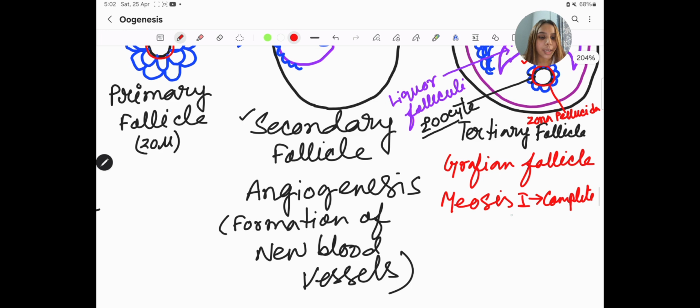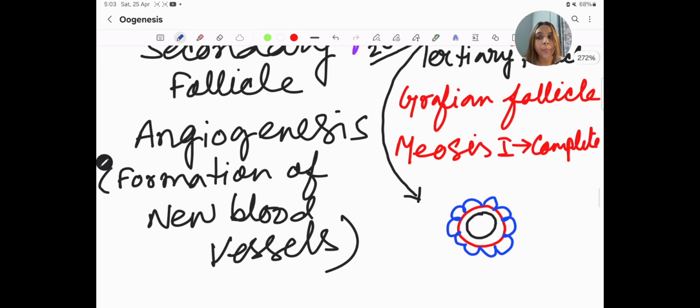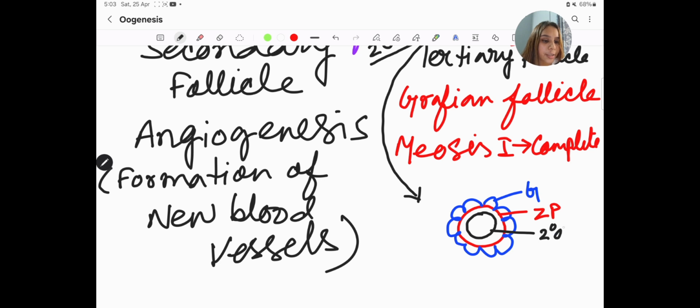So now this secondary oocyte will leave the Graafian follicle and come out with, see, this is the granulosa cell layer, this is the zona pellucida, and the secondary oocyte.